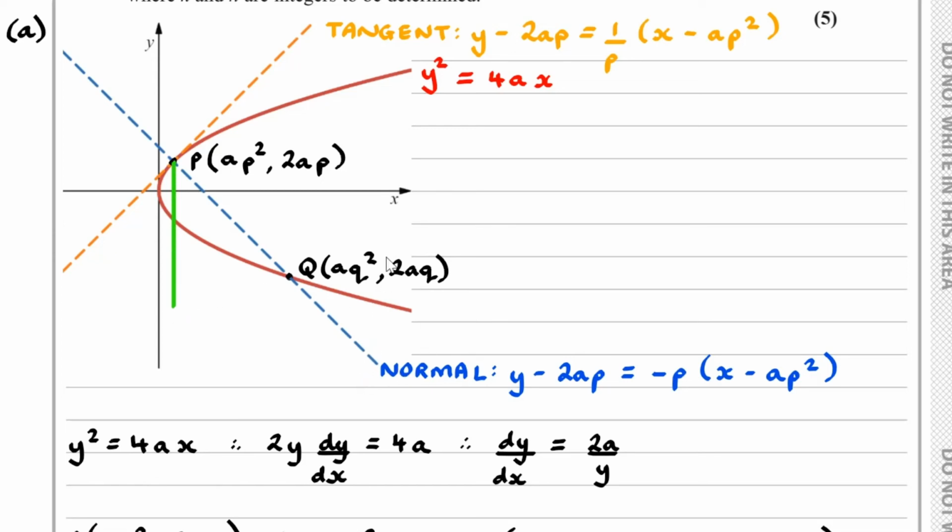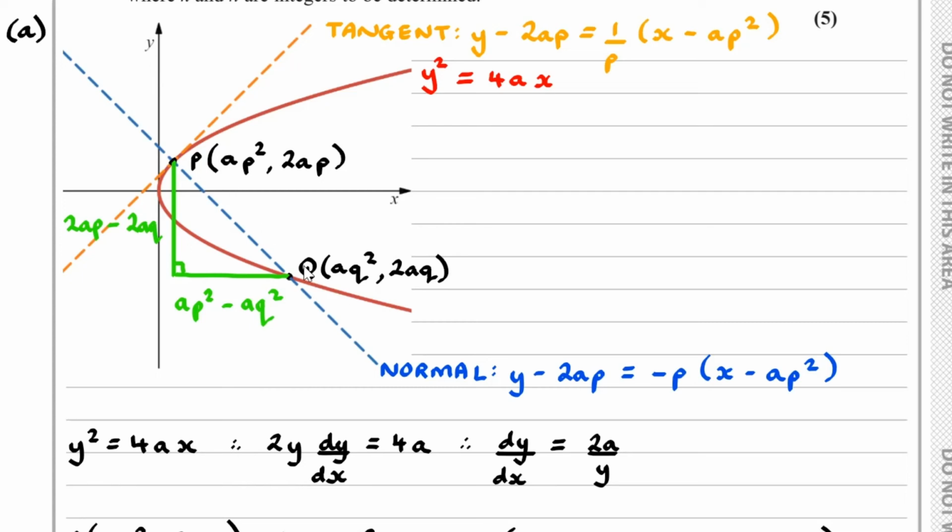So if we were to use Pythagoras, we can form a right-angled triangle, such as the one we see here, and the distance from P to Q in terms of the y's will be 2AP minus 2AQ, and the difference in terms of the x's will be given by AP squared minus AQ squared.